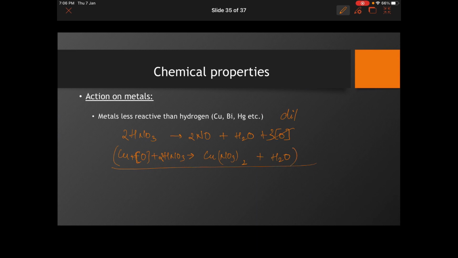So you will have to multiply this whole thing with 3 so that the nascent oxygen gets cancelled. So you get 8 HNO3 reacting with thrice Cu, going to Cu(NO3)2 plus twice NO plus 3 H2O over here and 1 over here. So 4 H2O, that is your net equation.